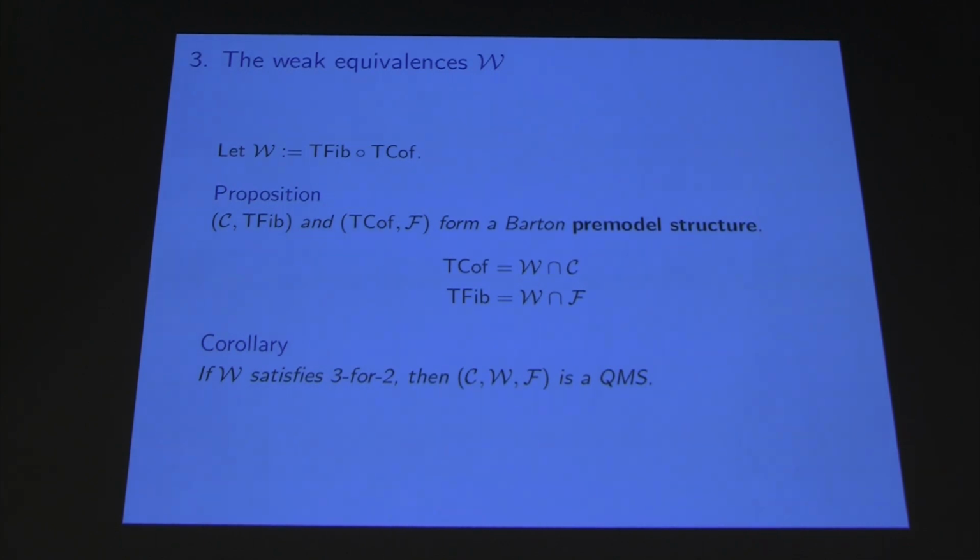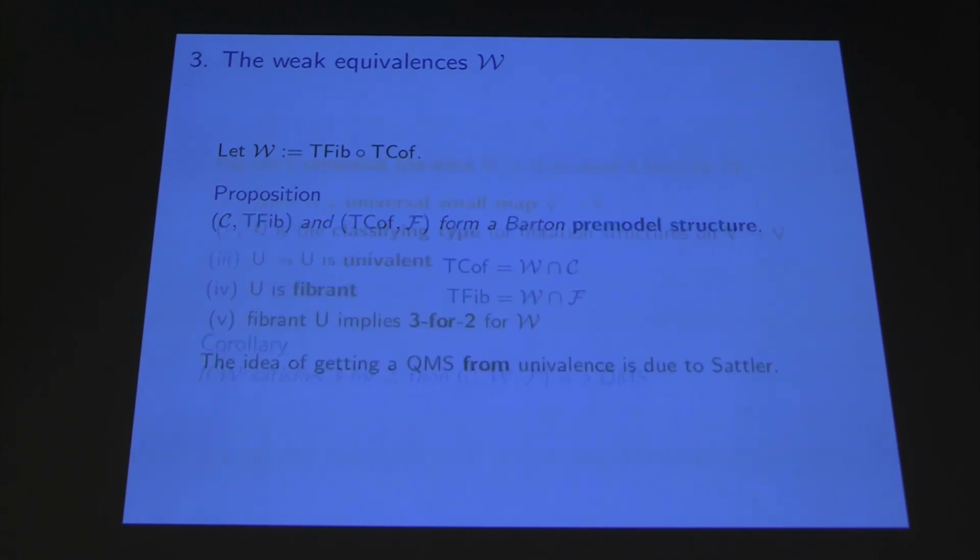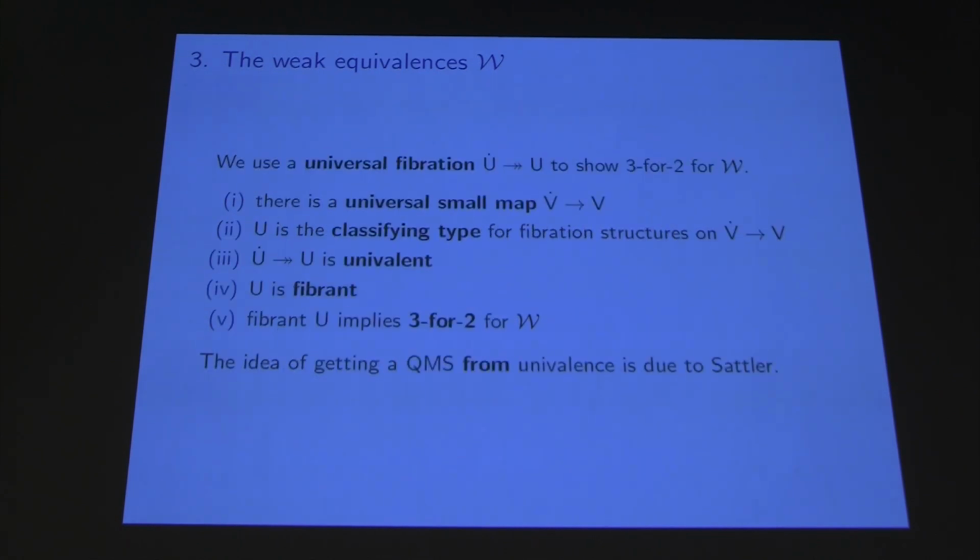We're going to show that these weak equivalences satisfy 3 for 2. And in order to do that, we use the third ingredient in the axiomatization, that is this universal small map. So what I'm going to do is build out of that V, which was the universal small map, I'll tell you in a moment where that comes from, a universal fibration. So there will be a universal fibration here, the base of which is a classifying type for fibration structures.